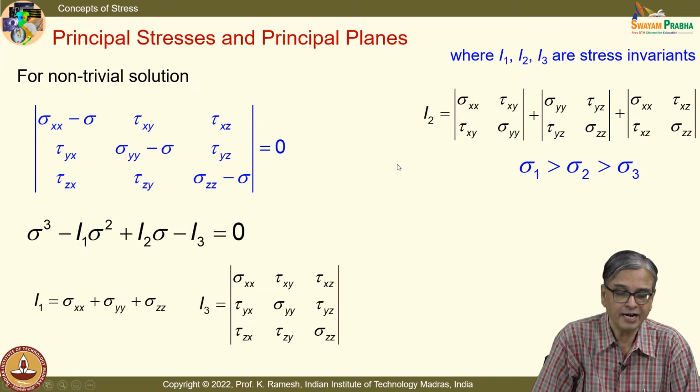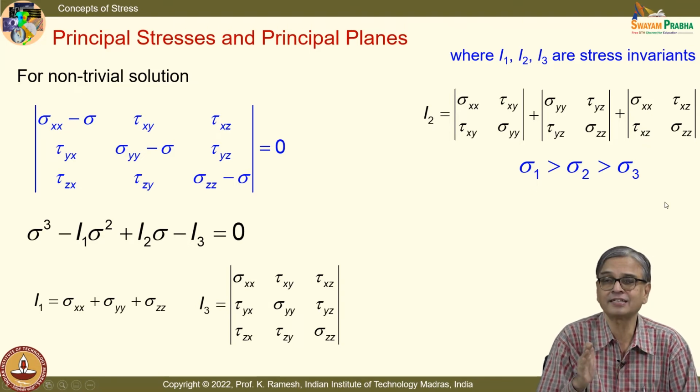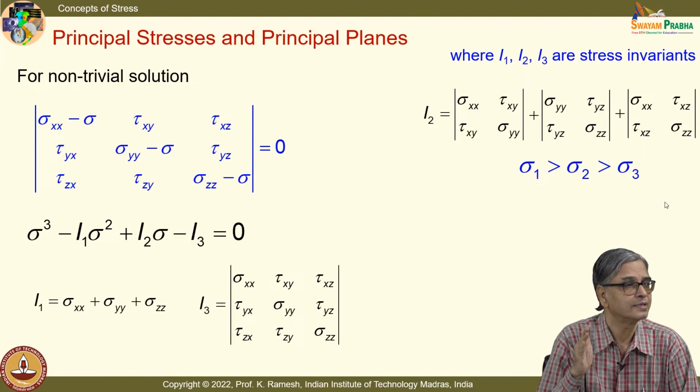Okay. And finally, once you get these quantities, I will have 3 roots for this expression, and they have to be arranged algebraically. The largest is sigma 1, in between one is sigma 2, and the least is sigma 3. This you should never forget.